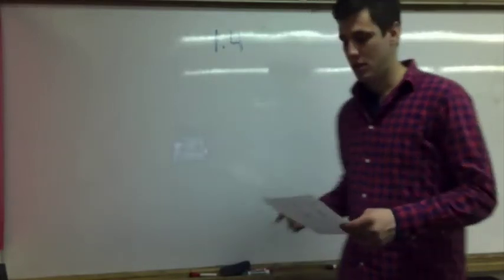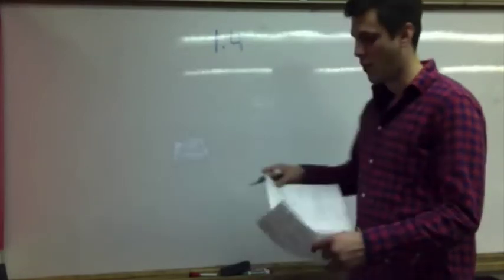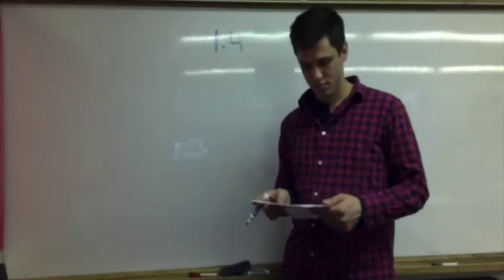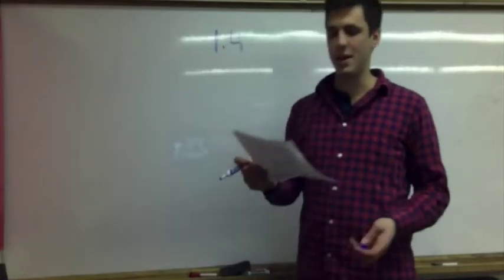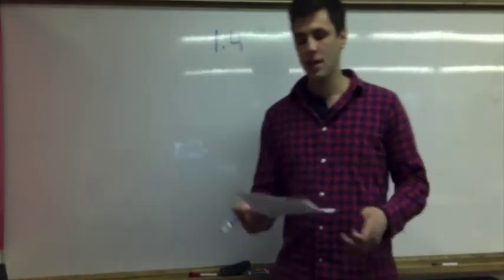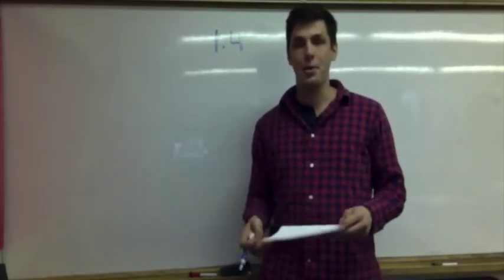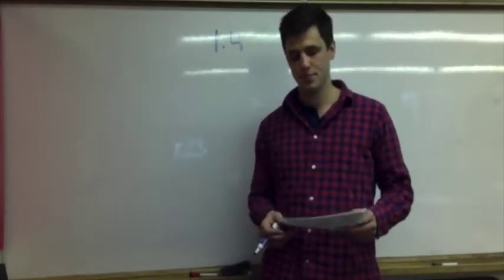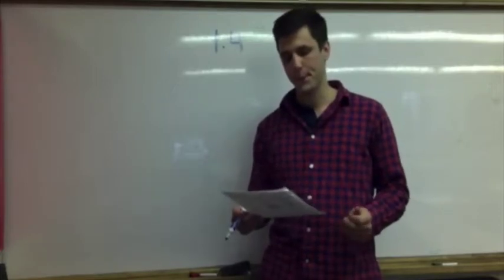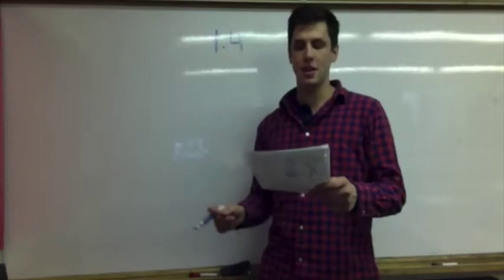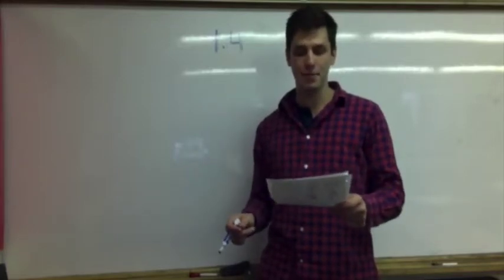So the first definition that I want you to know is coordinate plane. A coordinate plane is a plane where we map coordinates. An ordered pair is the coordinates we map.